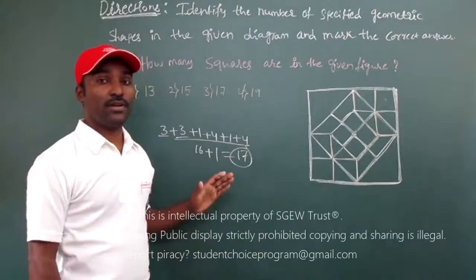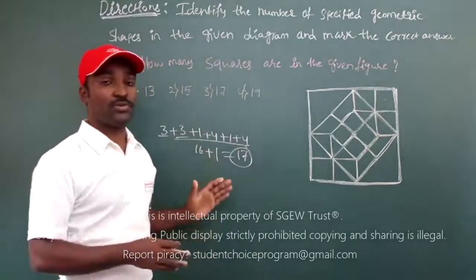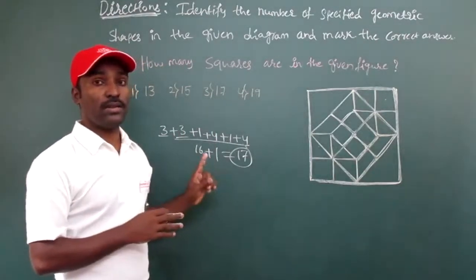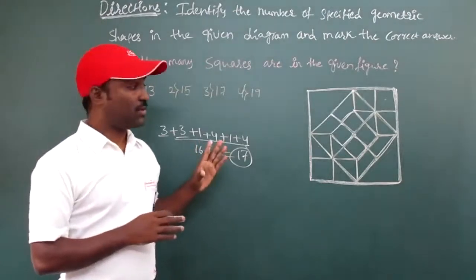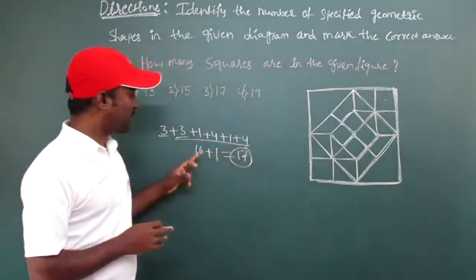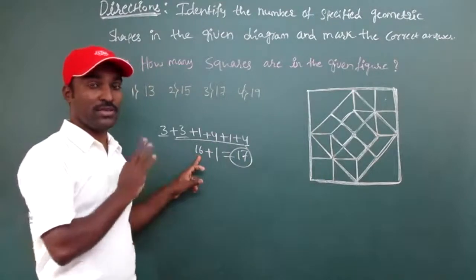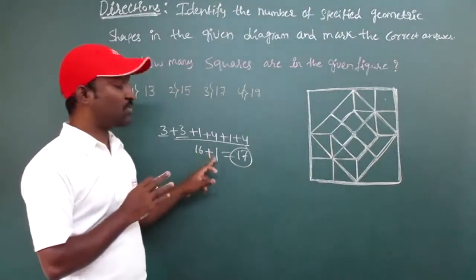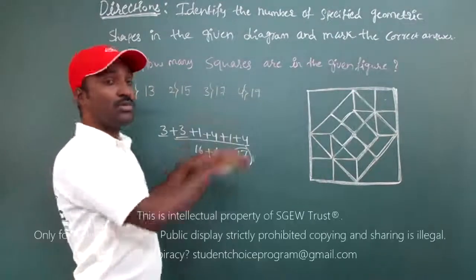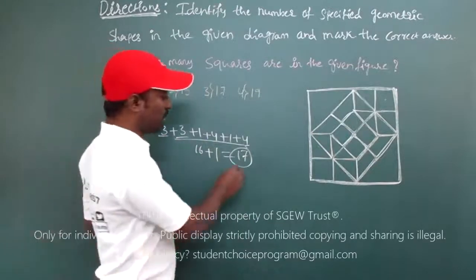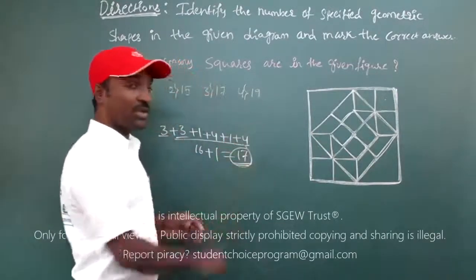Usually in the given examples, the outside portion is also going to give you one specified shape, so that we missed earlier. We found earlier that 16 squares are present in the given figure, but it is 16 plus 1. The one is the outer square. So there are a total of 17 squares present in the given diagram.